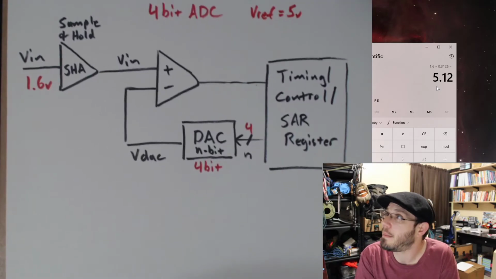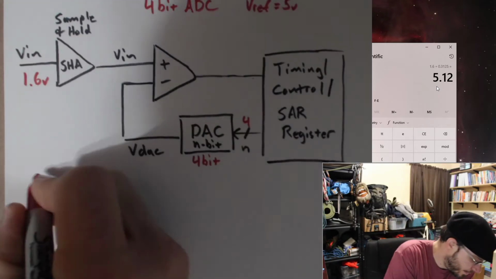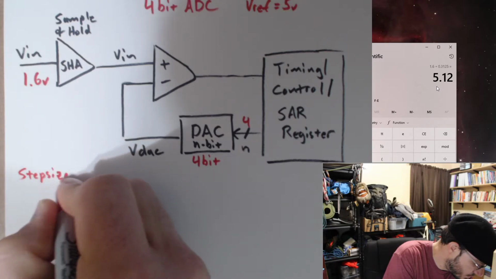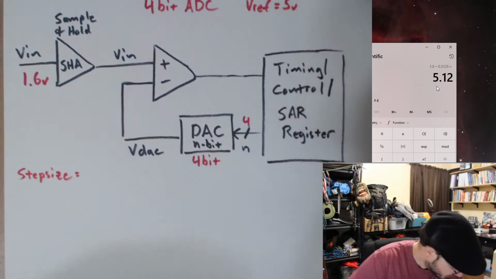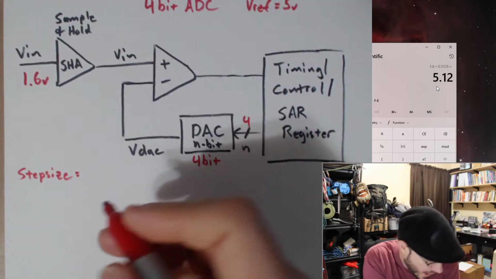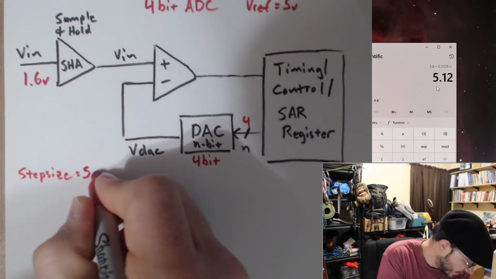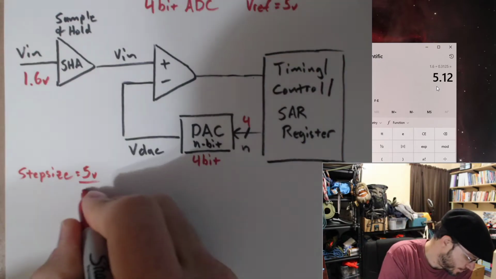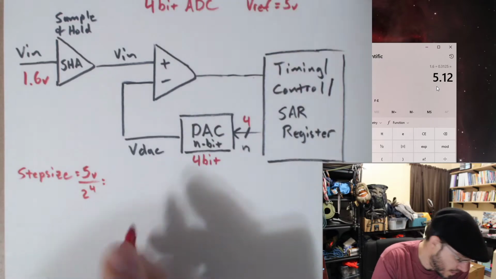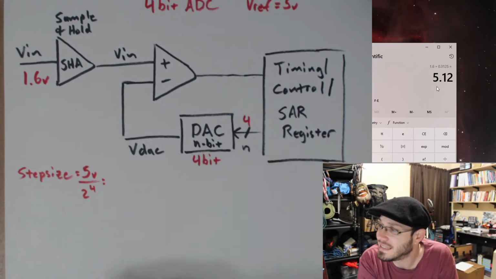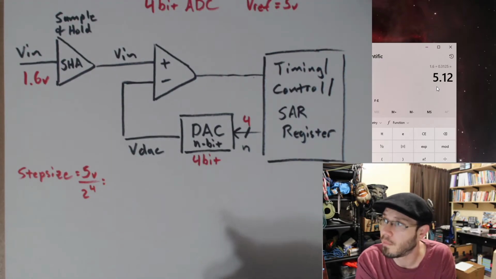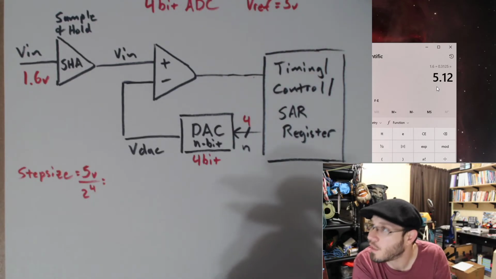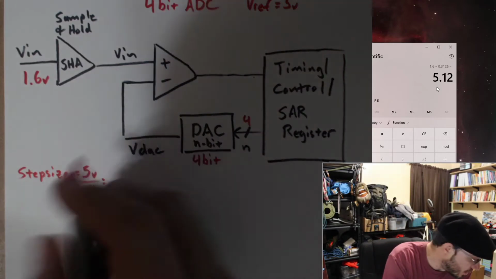And so our step size is going to be equal to our Vref, which is 5 volts, divided by 2 to the 4, because we can represent 16 discrete values with this 4-bit analog digital converter. And so our step size is going to be 0.3125 as we calculated earlier.